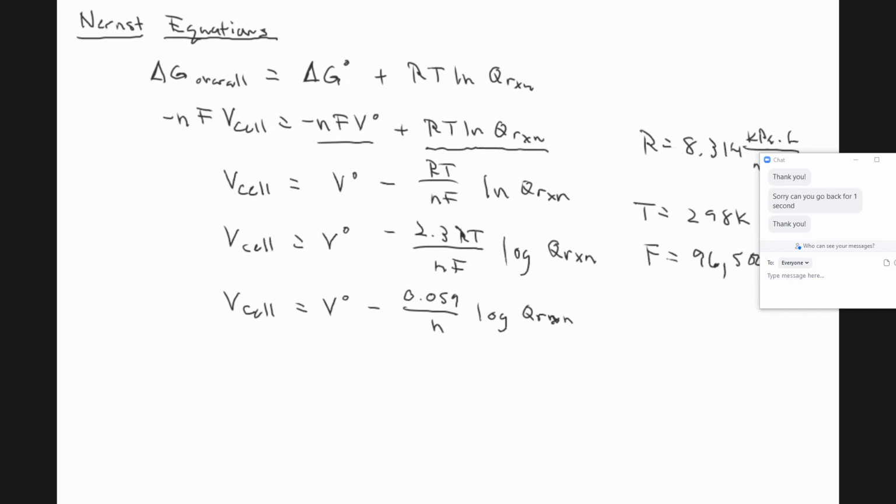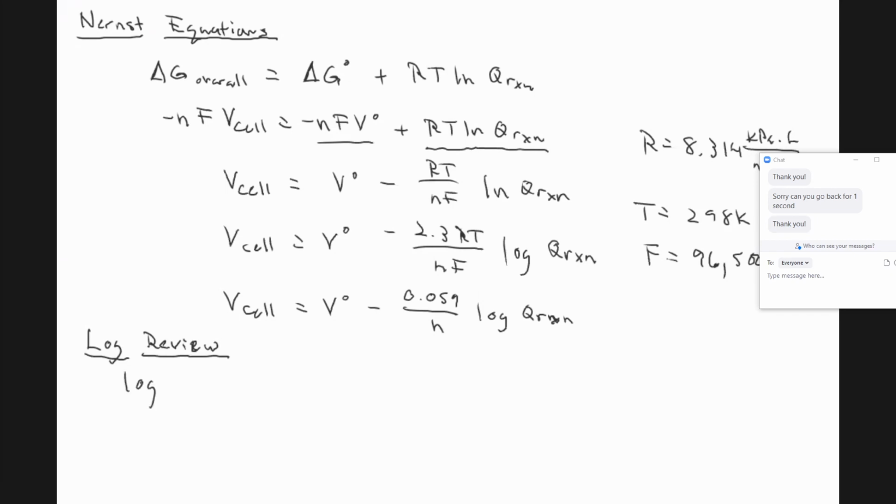So we need to do some log review because you do need to know some log balancing things. You will not have a calculator. Okay, so log rules.